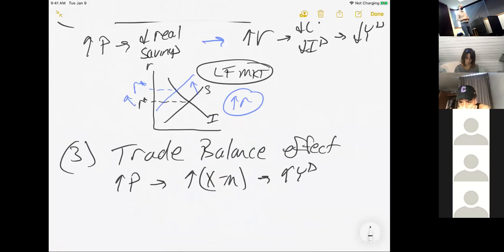And how does this work? It really works through exchange rates, which we haven't talked about. So I'll just say, later. We'll explain this later. We haven't talked about exchange rates yet, so let's just put this to the side for right now.